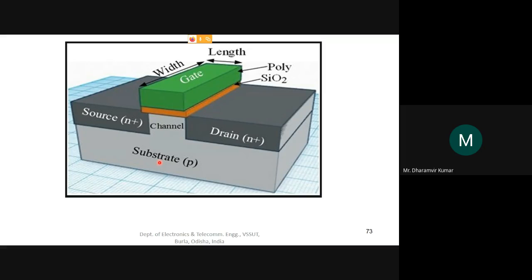For most cases the substrate terminal or body terminal will be connected to ground. So in most cases, we will see that the source and the substrate are tied together to the ground. And some voltage is applied on the gate and drain.